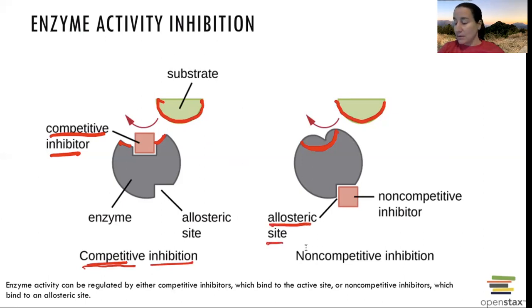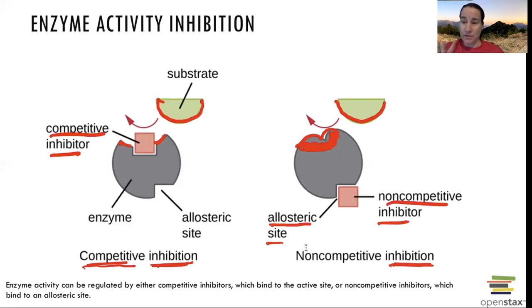It bound over here, and when it did, it changed the shape. So we're no longer a smiley, half moon shaped thing. We're this weird shape here. The active site no longer works, and we still can't get anything out of this reaction. So it's called inhibition. The enzyme's not going to work. It's not going to produce your products if it's under inhibition. That inhibition can be in two types.